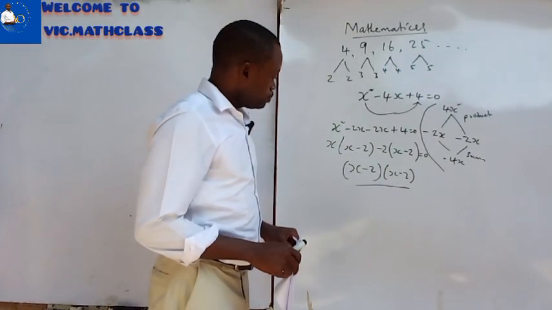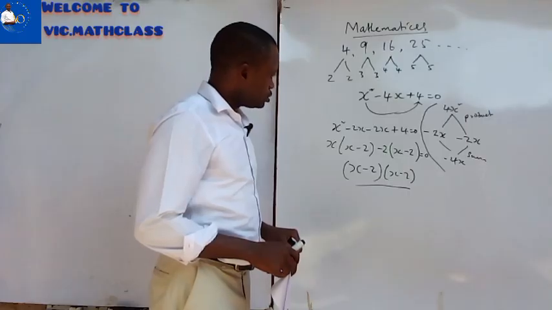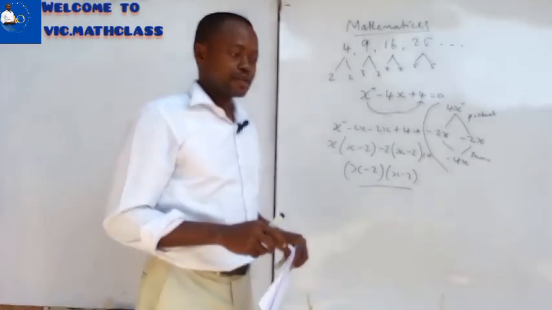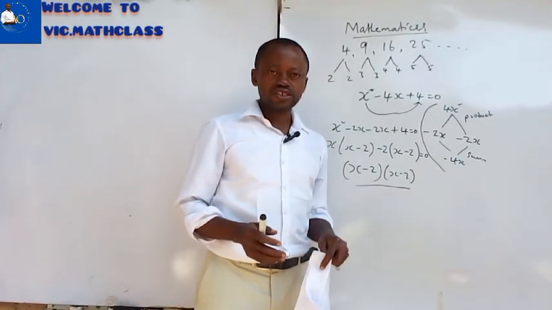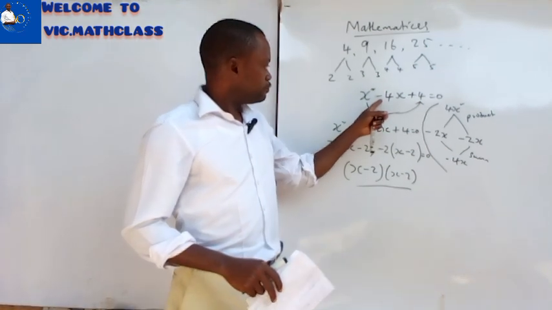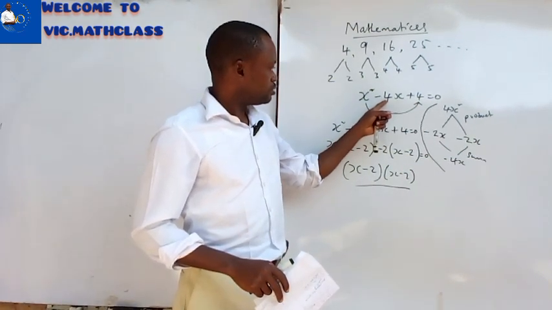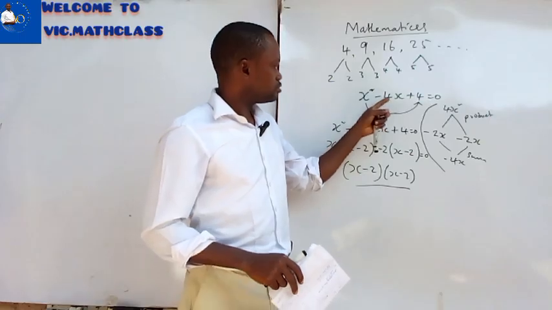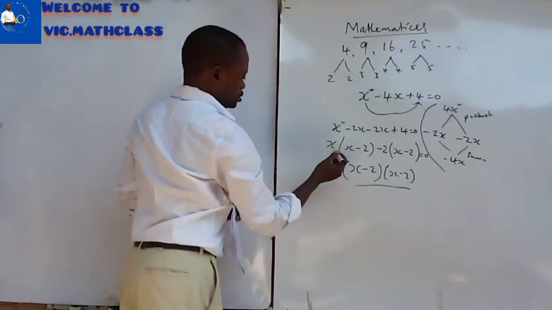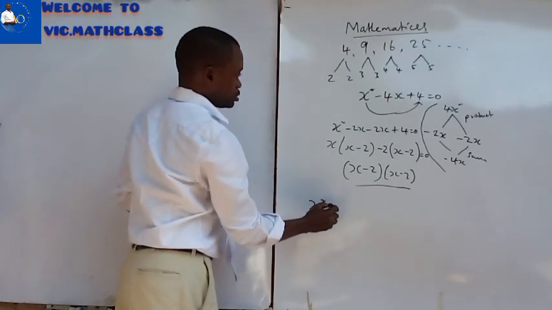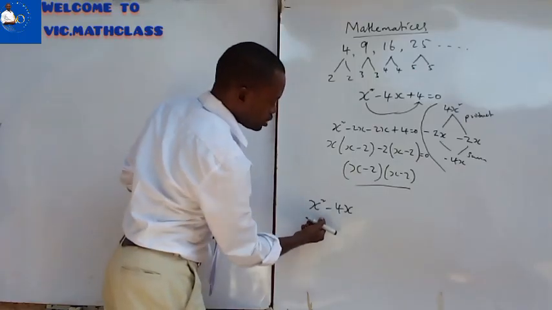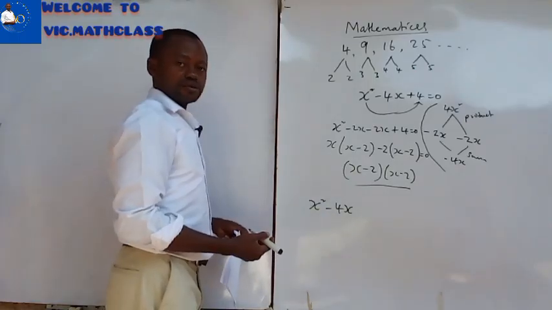So the little thing I need to add here is, you now realize that sometimes they can give you an expression and say what must be added to this expression to make it a perfect square. So if I am giving something like this now, part of this, x squared minus 4x, and I'm asked what must be added to this expression to make it a perfect square.